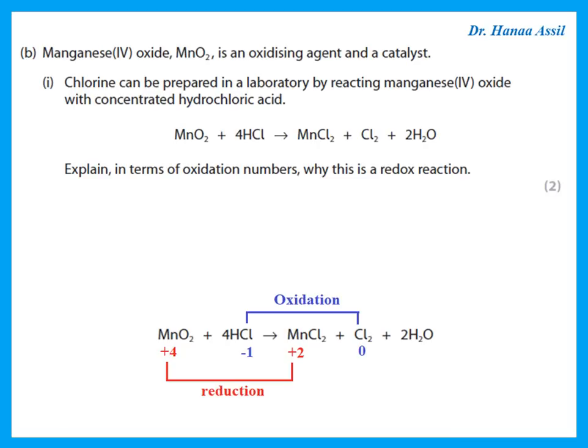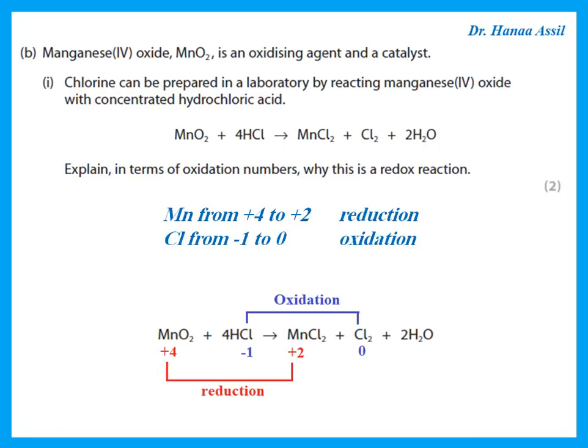The chlorine is changing from -1 to 0, so that is oxidation. So this is a redox reaction. Remember, when you explain why something is a redox, you need to indicate which one has been reduced and why, and which one has been oxidized and why.